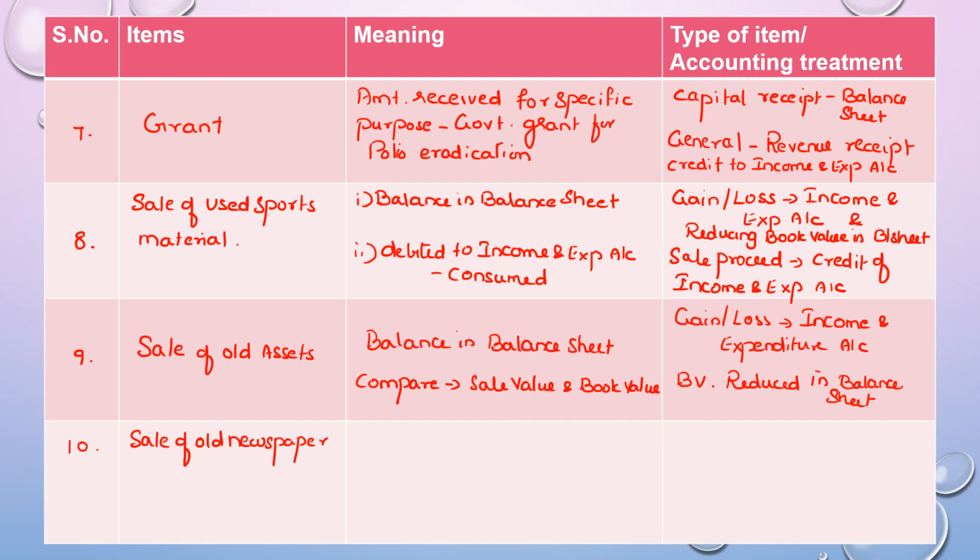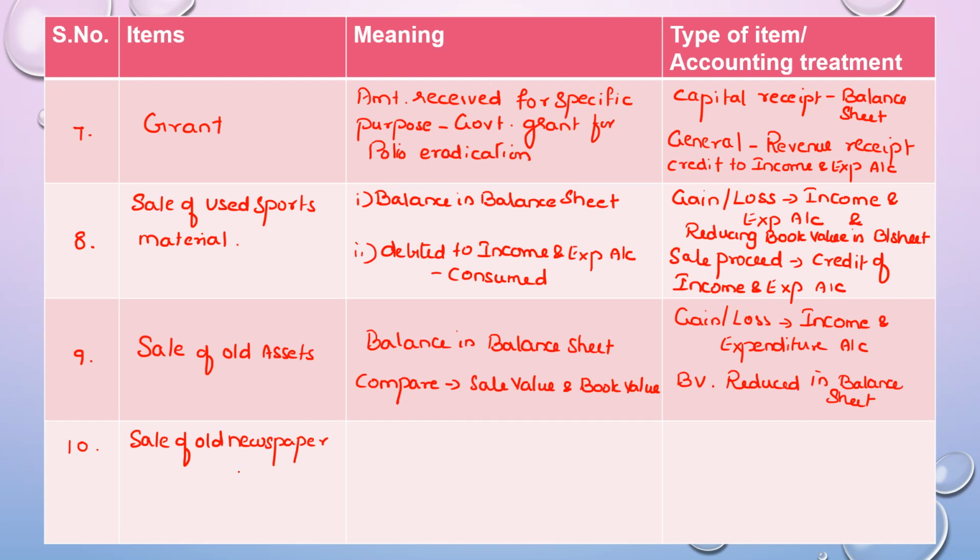So, newspapers, magazines, on daily basis newspaper and weekly magazines all will be lying there in the reception area for the members. They can relax and they can, in the lounge, they can read it. So those newspapers which are going to be sold as scrap, what would be the account treatment of the money which is received when it is sold off? That we are trying to see here.